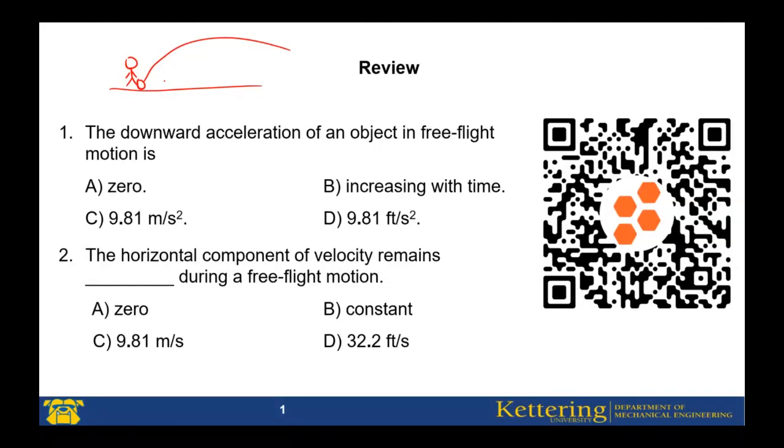If I separate this projectile motion along the x and the y direction, it becomes two rectilinear motions. Along the x direction, the velocity along the x is constant. I showed you the videos and also the example of why the velocity is constant. And along the y direction, the acceleration is constant.